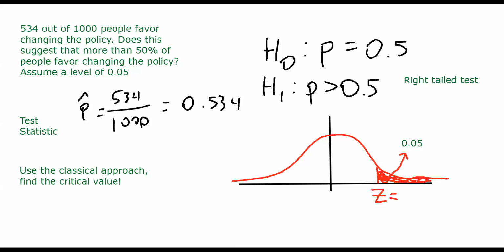So we're going to have to use a Z chart, which is something we should be comfortable with at this juncture. And let's see, if 0.05 is to the right of it, that means 0.95 is to the left of it. That's going to be a Z value of 1.645. I'll use red.